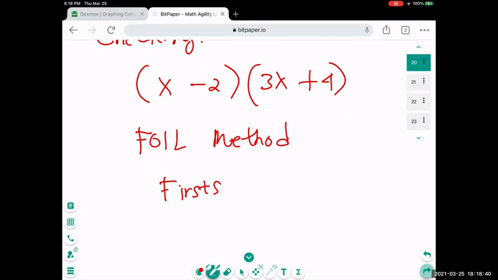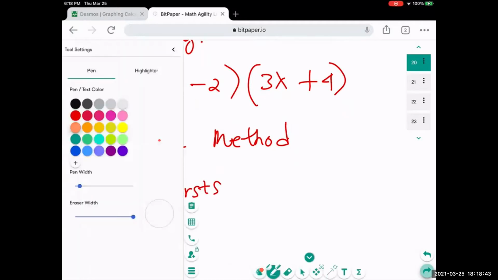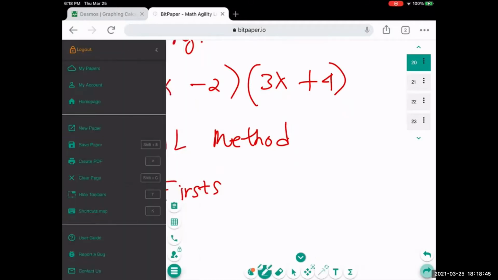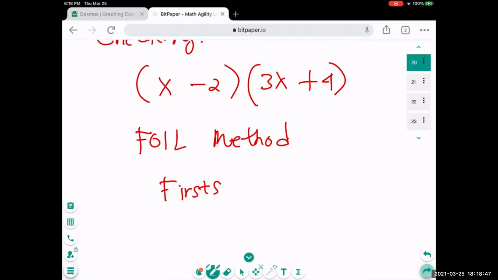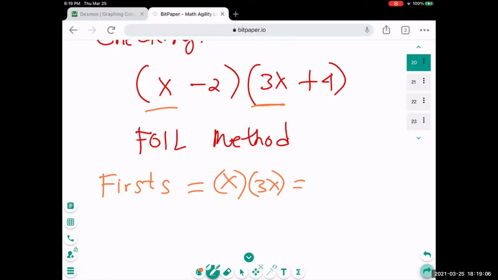Underline natin yung first, and let's change the color to orange. So yung firsts, yung orange. So that is x times 3x would be 3x squared, right?